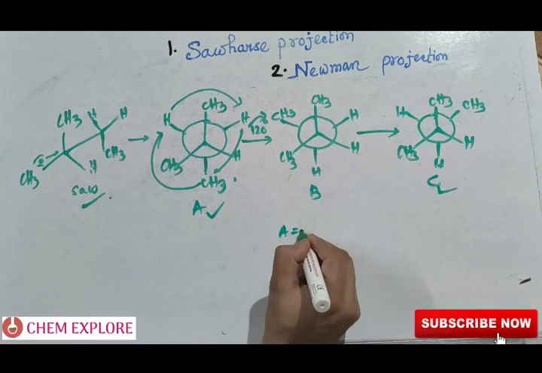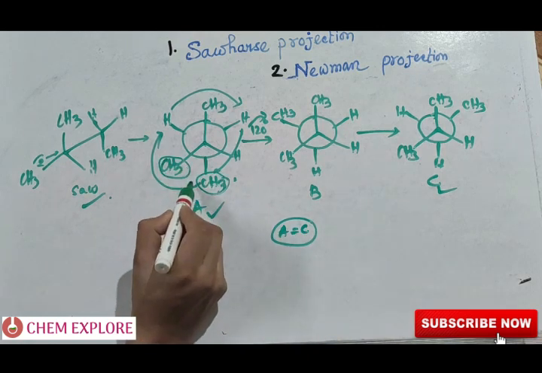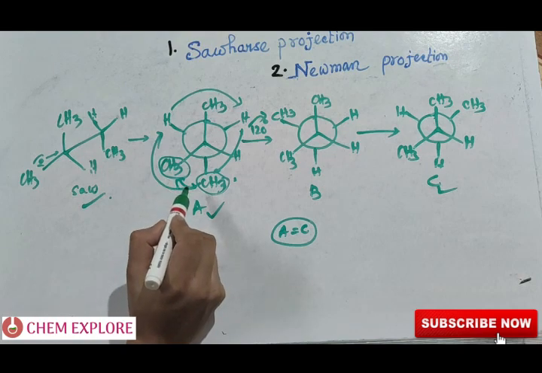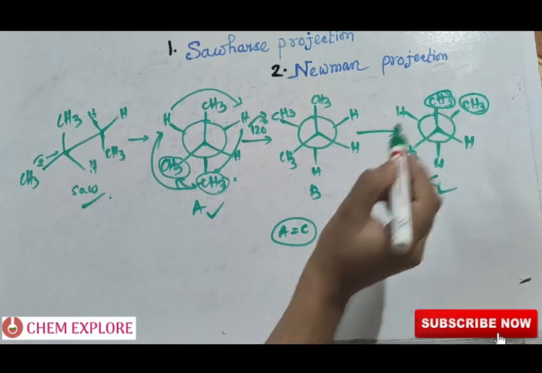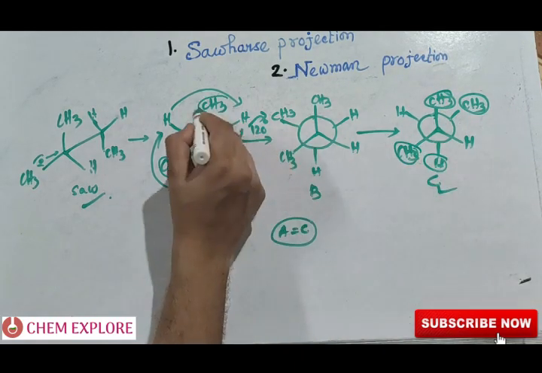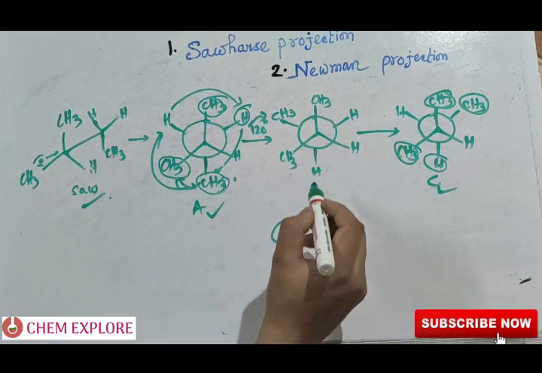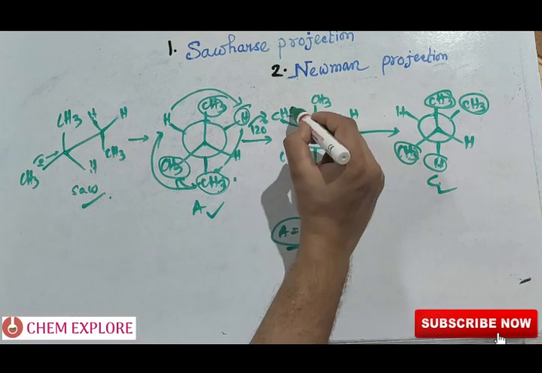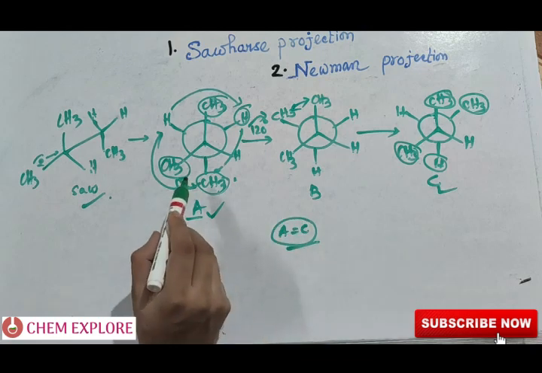So A is equal to C, because here there are two methyls which are gauche to each other. Also these two methyls are gauche to each other. Now the CH3-hydrogen interaction is there. So A and C are the same, so we can consider only A.